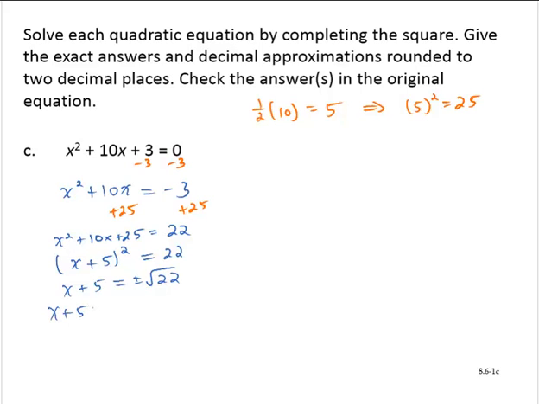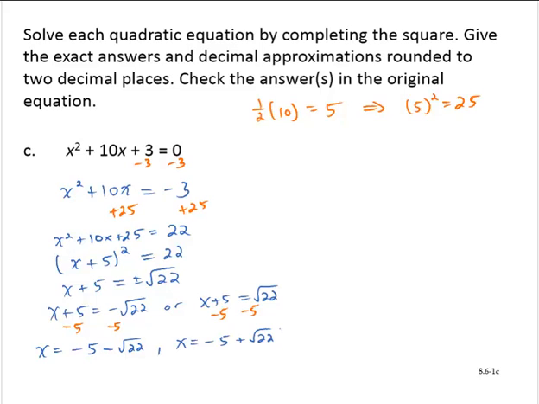X plus 5 is negative square root of 22. X plus 5 is positive square root of 22. And I'll subtract 5 from both sides to isolate the x. So then x is negative 5 minus the square root of 22. X is negative 5 plus the square root of 22.